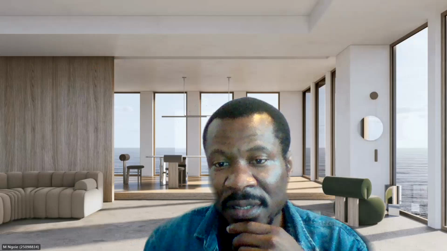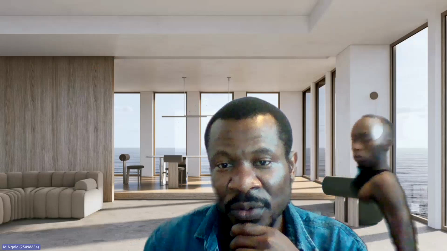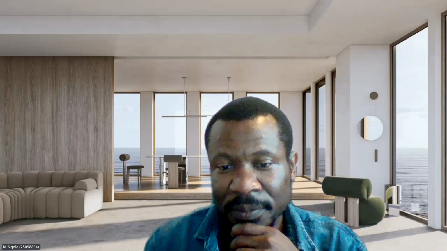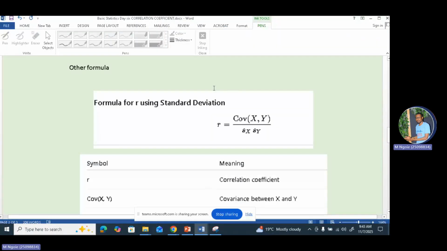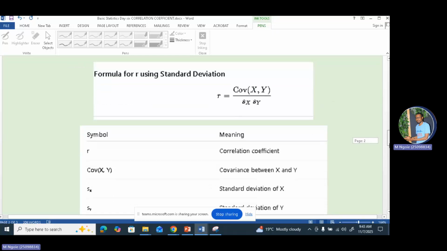So I'm going to show you how to do it. We're going to go back. So this is basically the formula. This R here is the correlation coefficient.